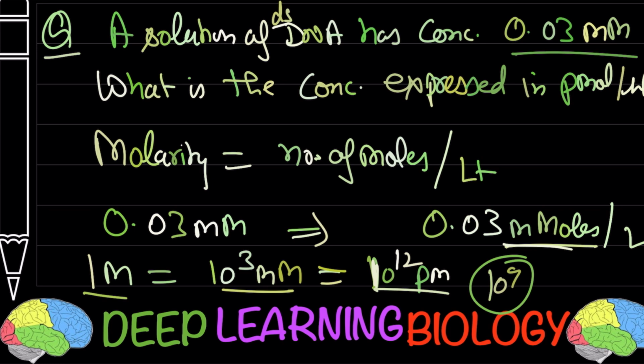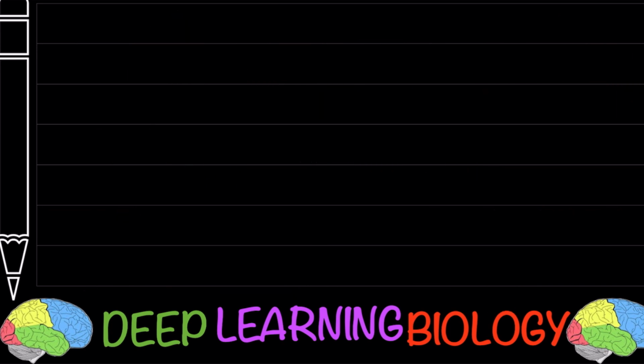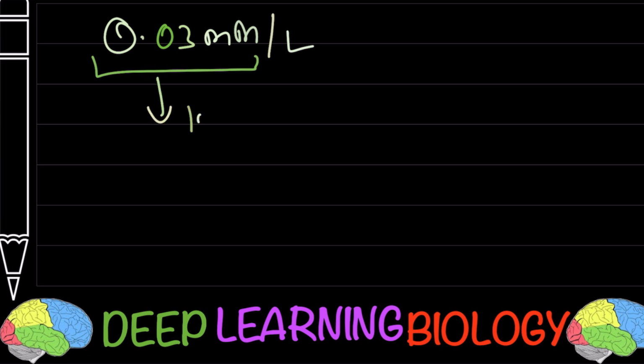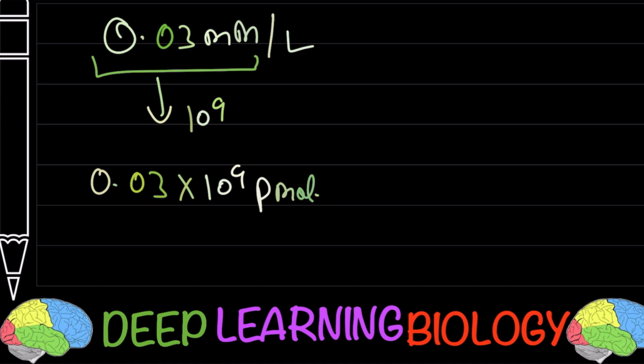Here we have 0.03 millimoles per liter. Just multiply it by 10 to power 9, so 0.03 into 10 to power 9 picomoles.